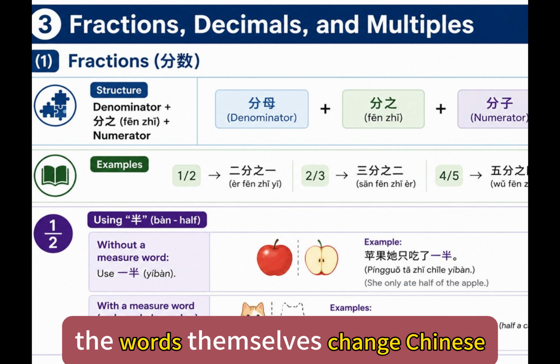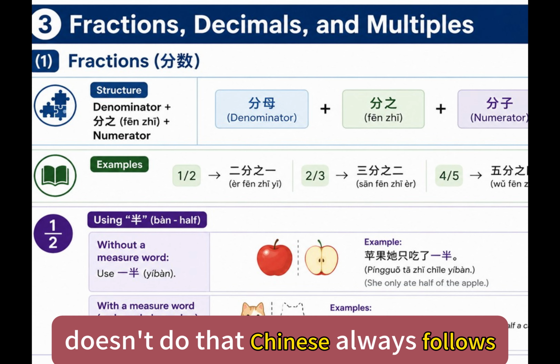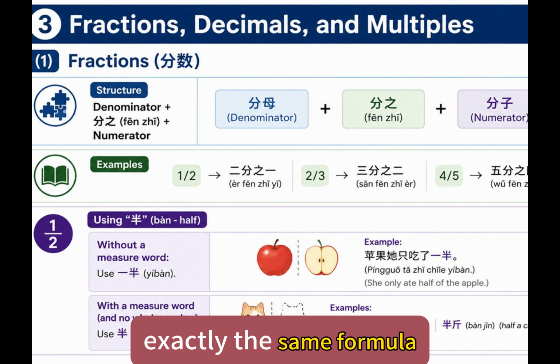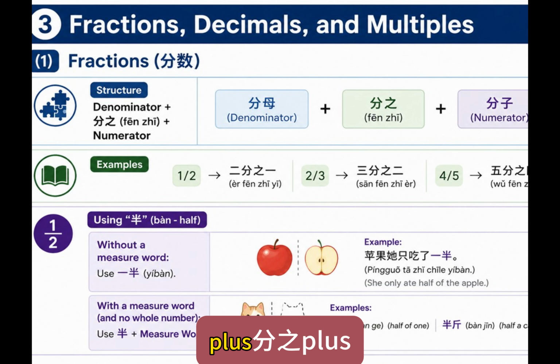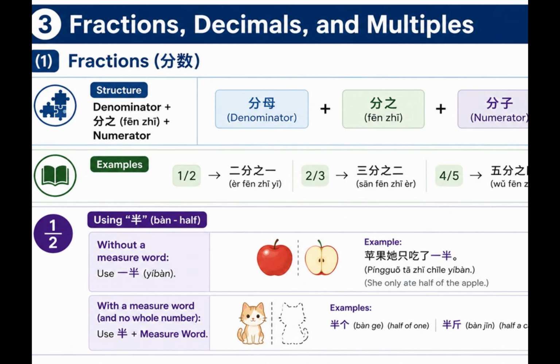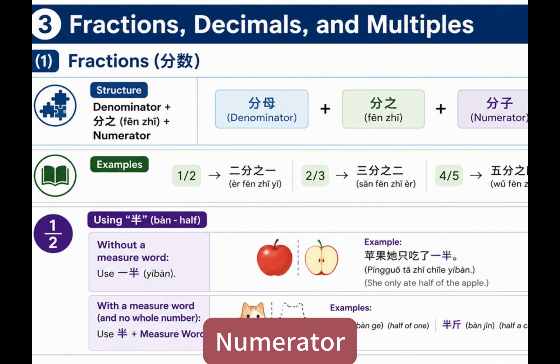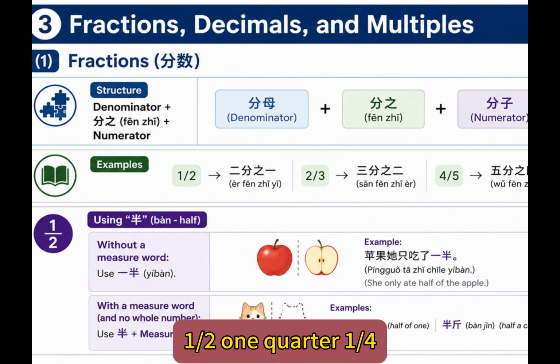And sometimes the words themselves change. Chinese doesn't do that. Chinese always follows exactly the same formula. Denominator plus 分之 plus numerator. That's it.